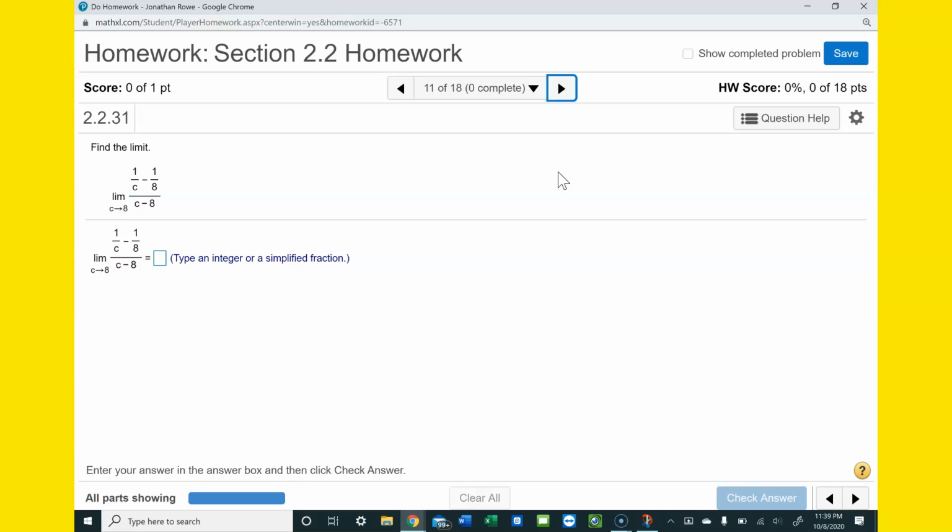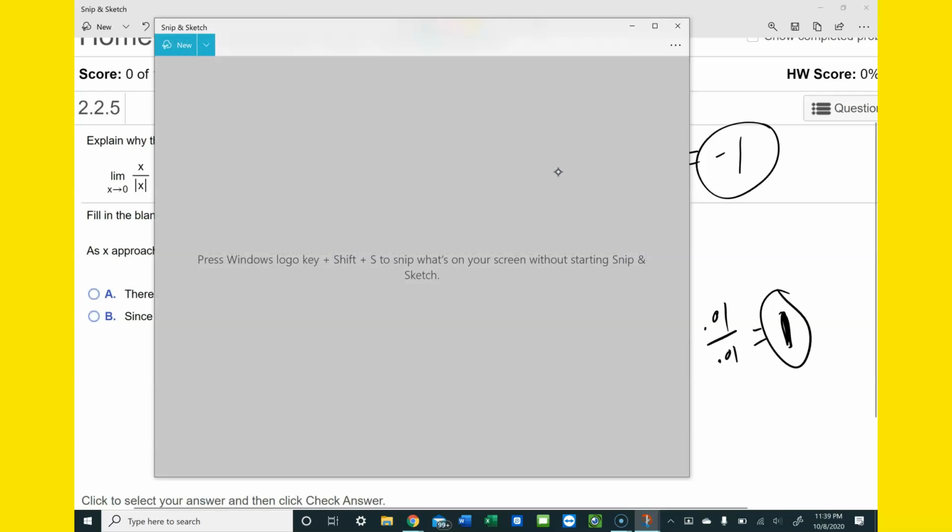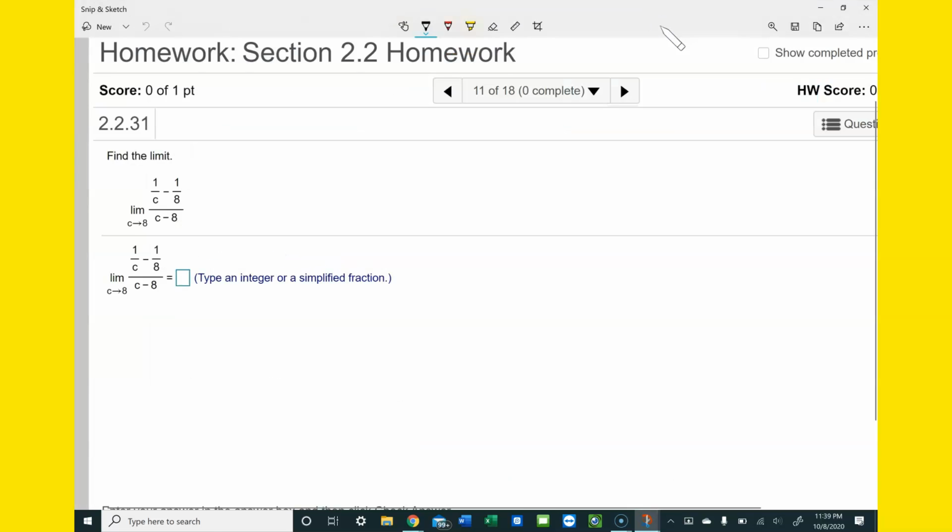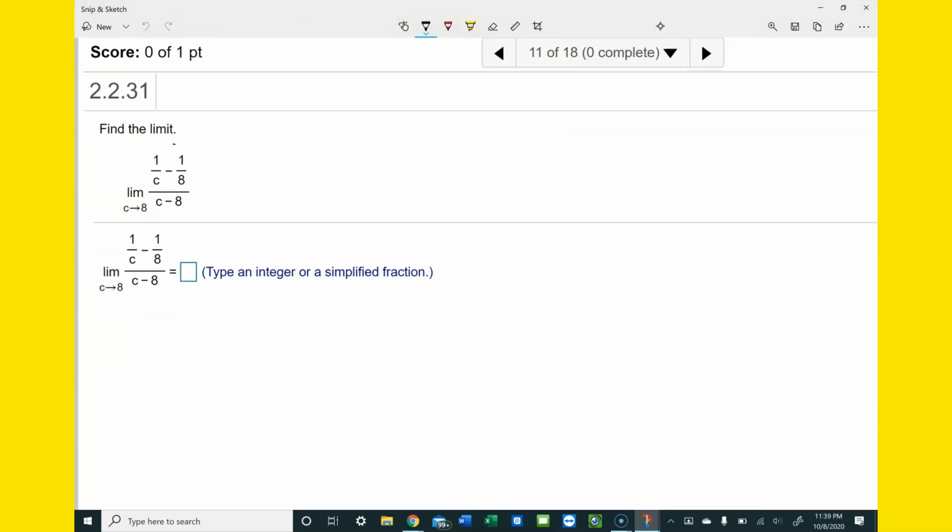If I plug in 8 for C here, I'm going to get a 0 on the bottom, which means I can't just plug in 8. But I'm going to try to make some simplifications and see if anything simplifies. I'm going to get a common denominator on top, so I'm going to combine 1 over C minus 1 over 8.